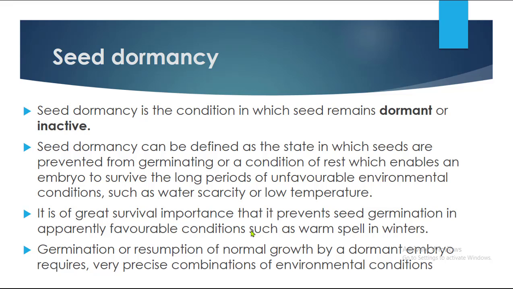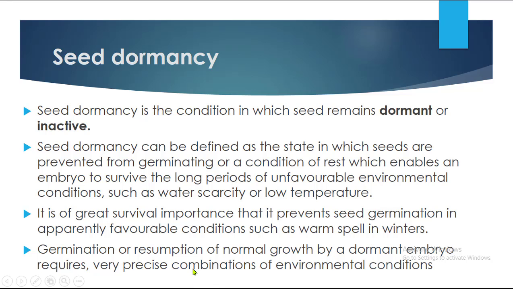For example, in winters, if a seed is somewhere on the ground and it is exposed to a suddenly warm spell in winters, then if there wasn't this mechanism, due to that apparent favorable condition it can germinate, and then later on it will face the harsh environmental condition and it will not be able to survive. So dormancy actually helps the embryo to survive and wait for the favorable or particular season.